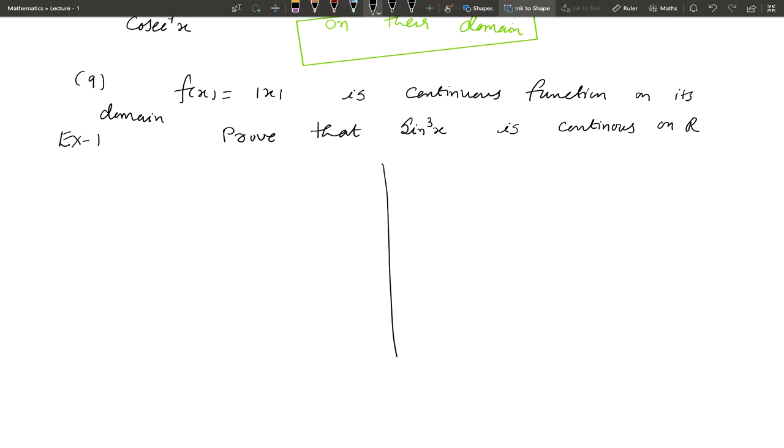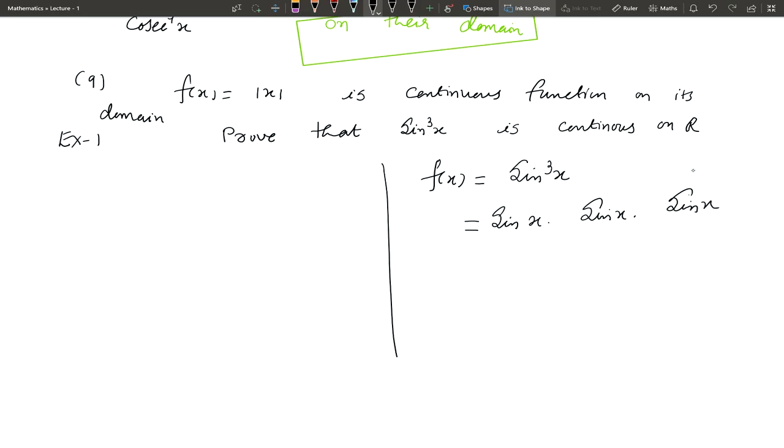First, you can take f of x equal to sine cube x, which can be written as sin x into sin x into sin x.